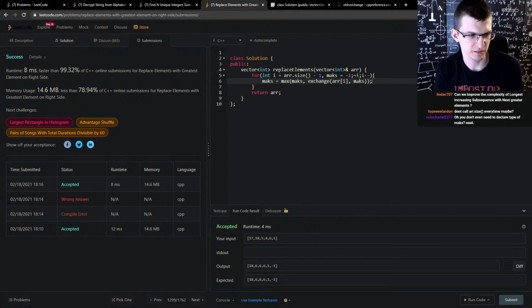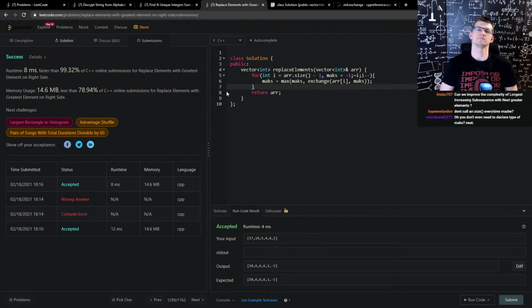Don't call array size every time, maybe. It's called just once. Here, this is for loop where it says start from here and then keep doing and checking that. Yeah, I don't see how to improve it.